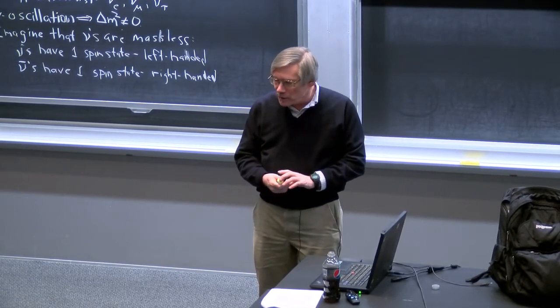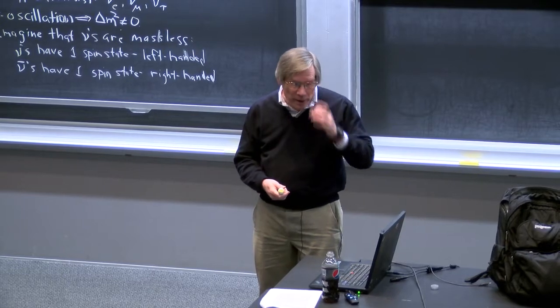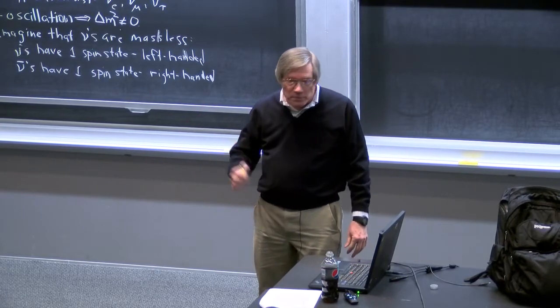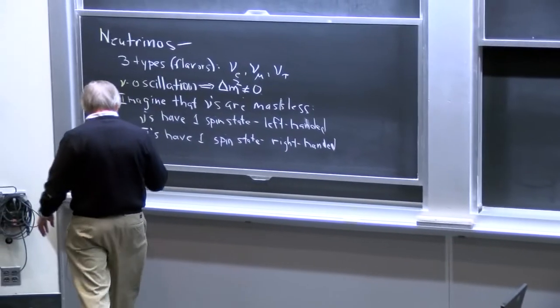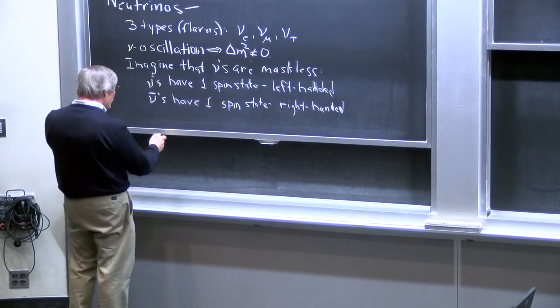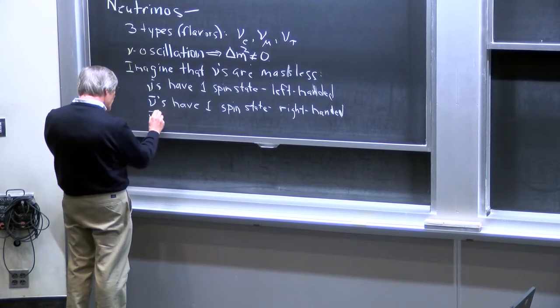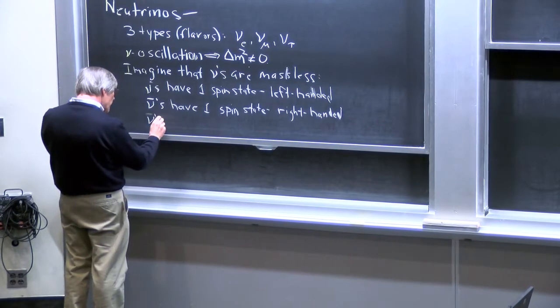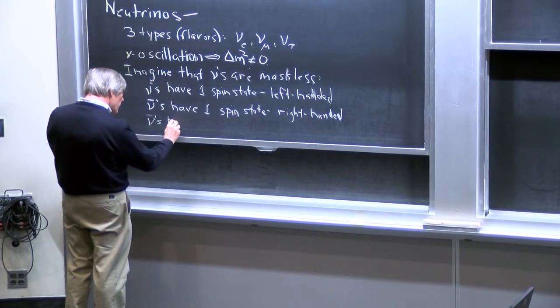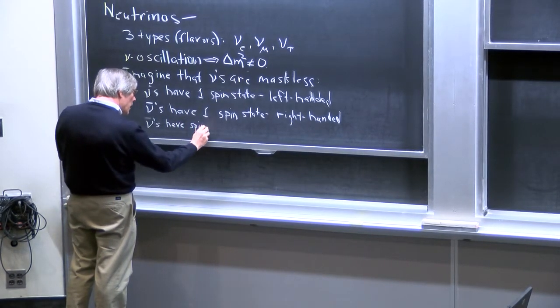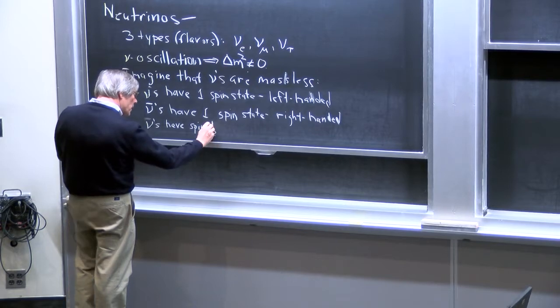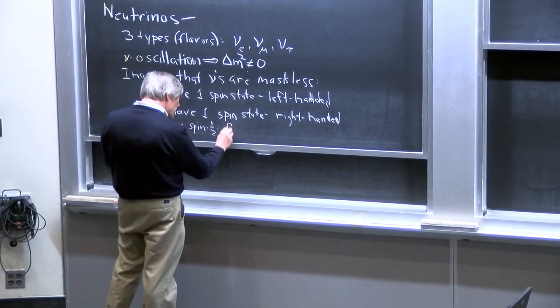So we know whether a particle is a fermion or a boson as soon as we know its spin. And in the case of neutrinos, it's spin 1/2. So neutrinos have spin 1/2, and that makes them fermions.